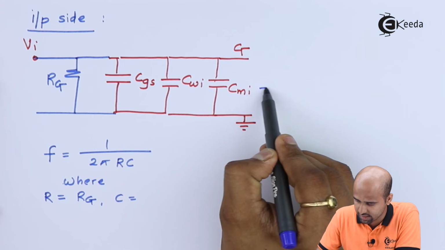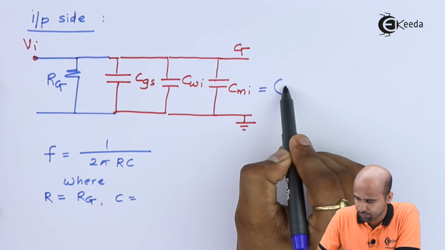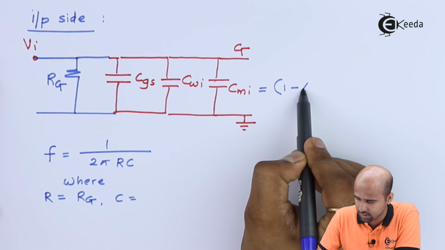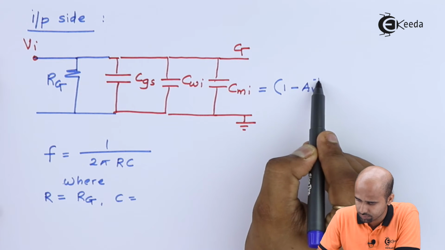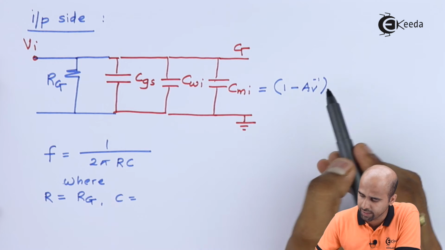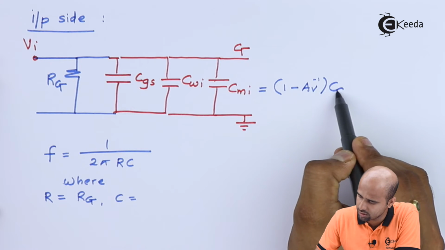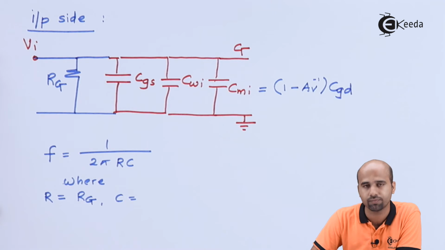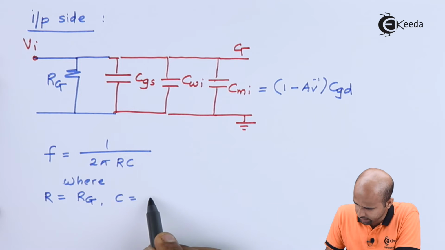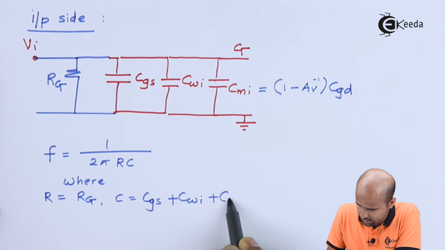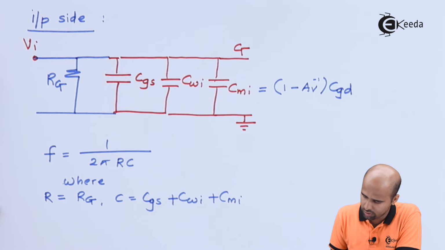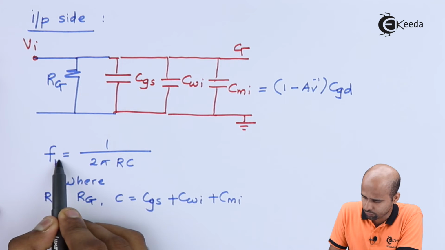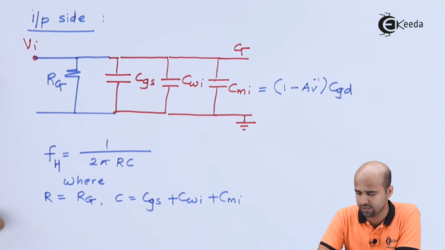I will write CMI as 1 minus AV multiplied by CGD. So parallel combination means addition: CGS plus CWI plus CMI. This will give you the first cutoff frequency, that is with respect to the input side of the FET amplifier.